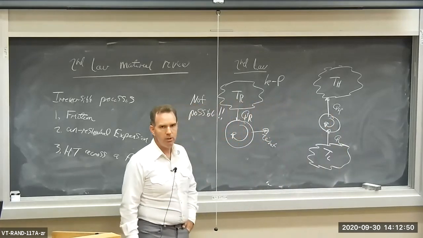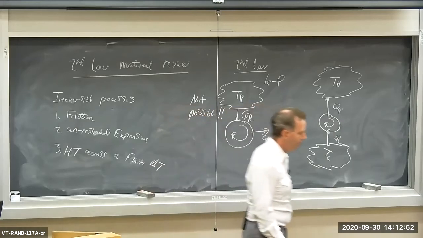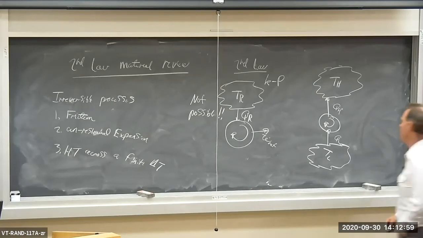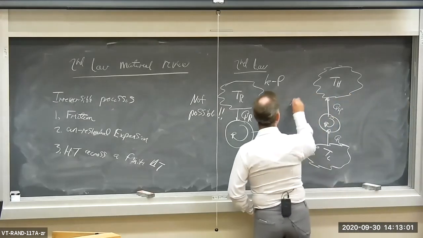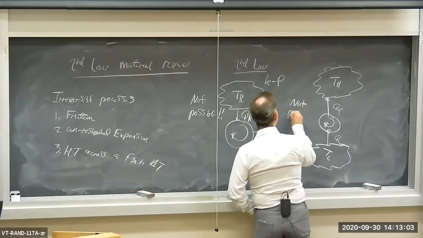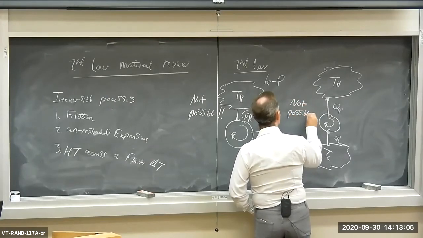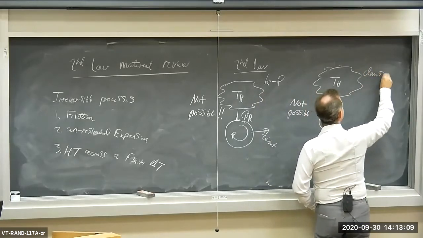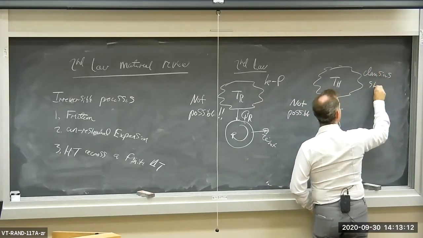You cannot build a device, a workless device that operates over a cycle, which transfers heat from a cold place to a hot place. So this is not possible. This is the Clausius statement.